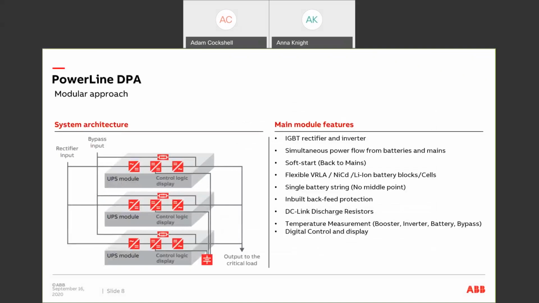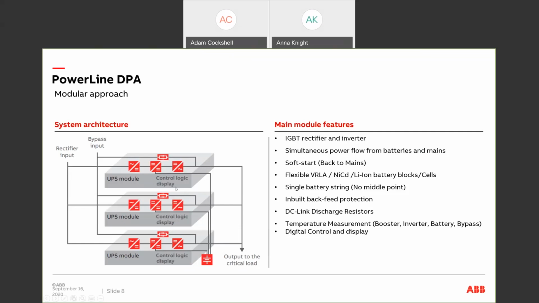Now, just delving a little bit more into the DPA, which is once again decentralized parallel architecture. I know it's a mouthful, but what it shows there is each UPS module has a rectifier, DC to DC converter or battery booster, an inverter, and a static switch.